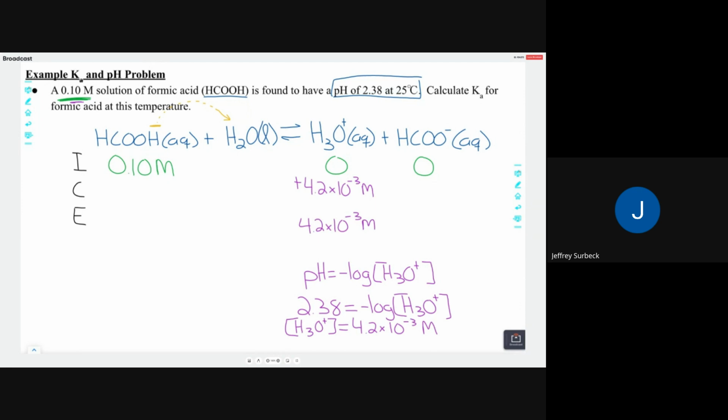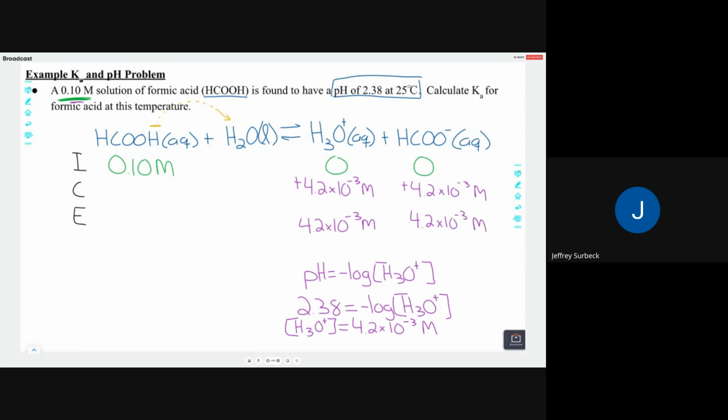My question is this: we go from 0. Do we add or subtract that number? We add, right? So we say, all right, this formate ion, we also have to add 4.2 times 10 to the negative third, and we end up with an equilibrium value of 4.2 times 10 to the negative third.